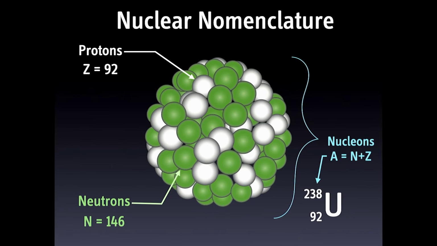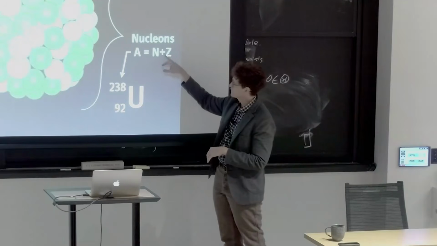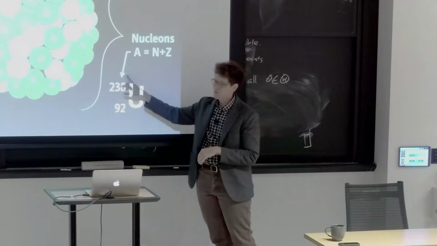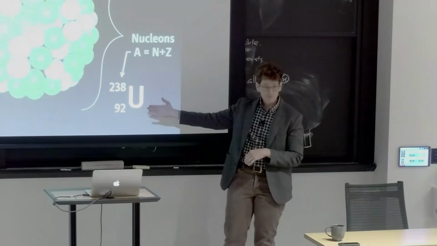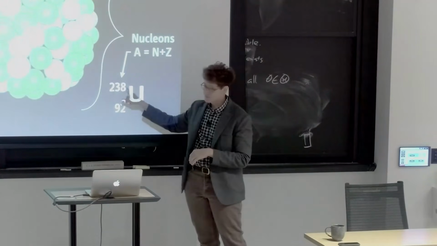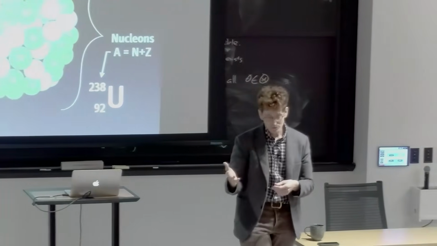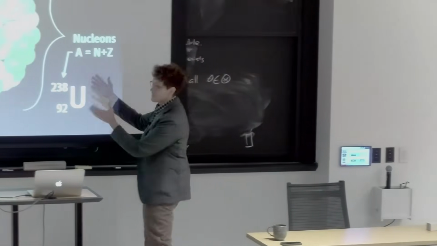So when we count the total number of balls in the nucleus of an atom, we say they have so many nucleons, and we add them all up, neutrons plus protons. We use the letter Z for protons, and we get a number that we call the mass number. So this is uranium 238, so named by the mass number. It means uranium has 92 protons, and 238 means it has 238 protons and neutrons.